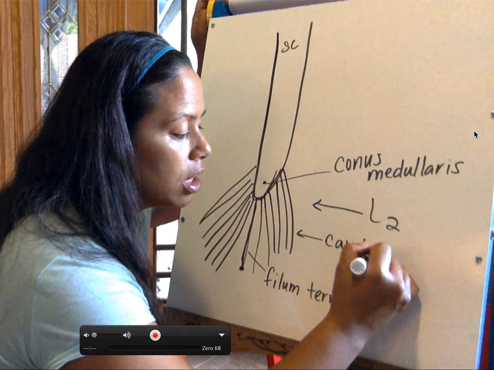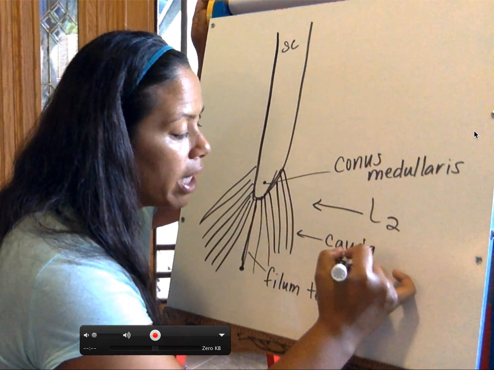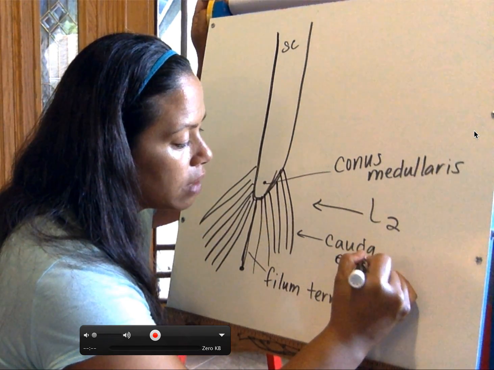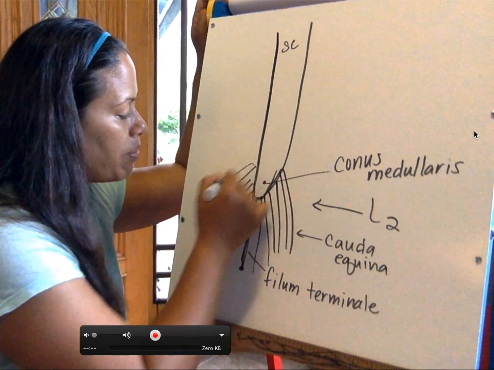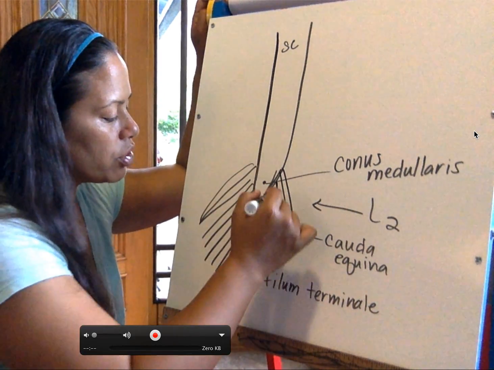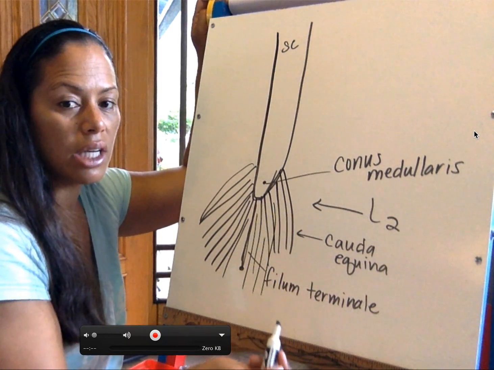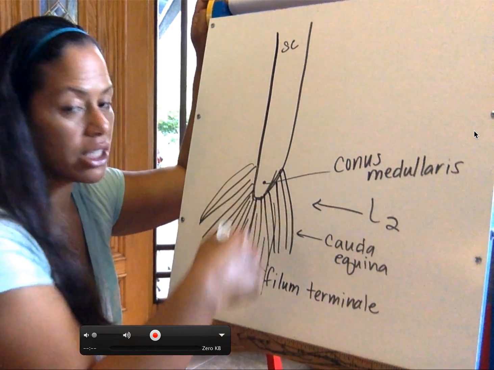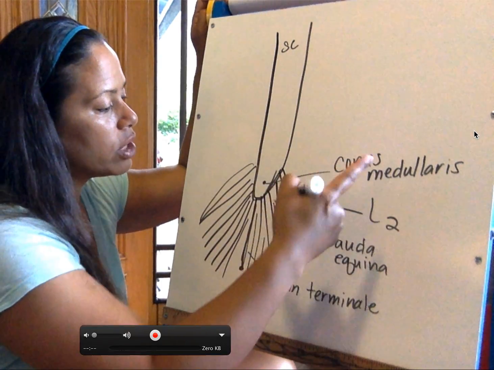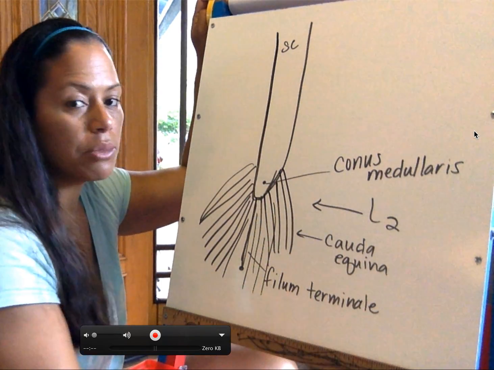What is cauda? Cauda is tail, and equina, equine, is horse. So cauda equina is the horse's tail, and when we see an image, you're going to see it looks like this, and it occurs after L2, right? It's basically extensions down toward the leg. So I have conus medullaris, I have cauda equina, I have filum terminale.